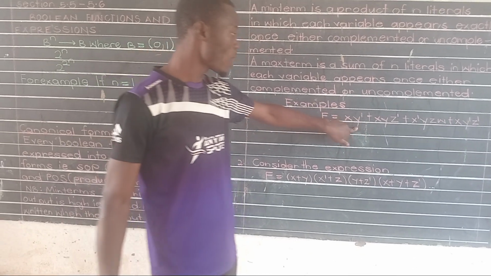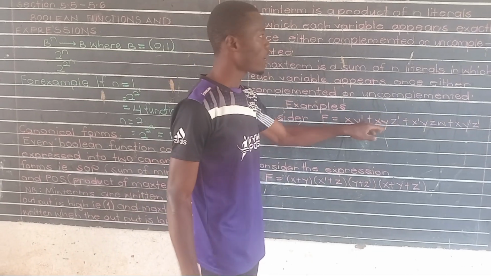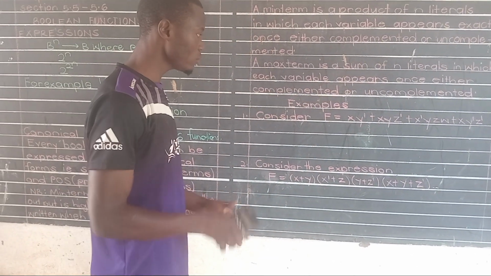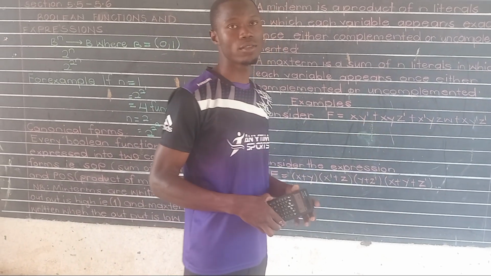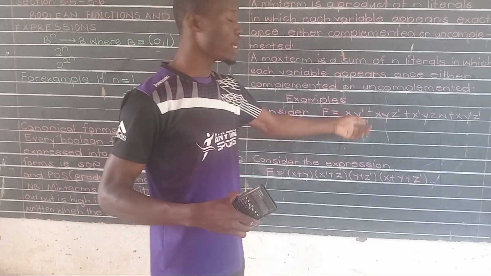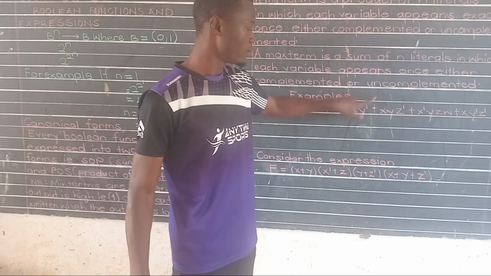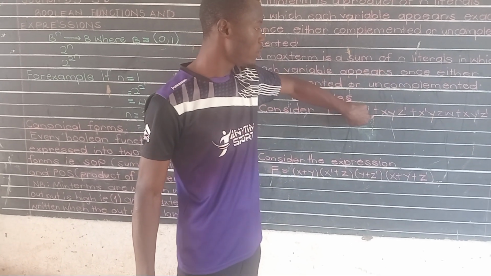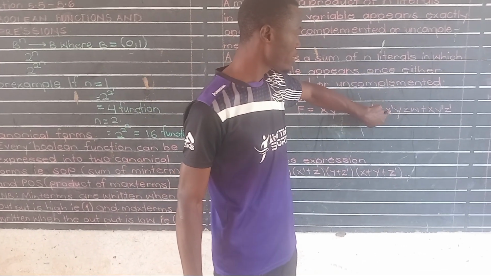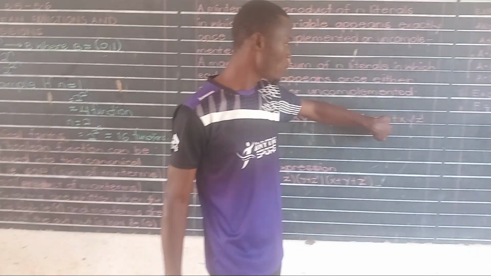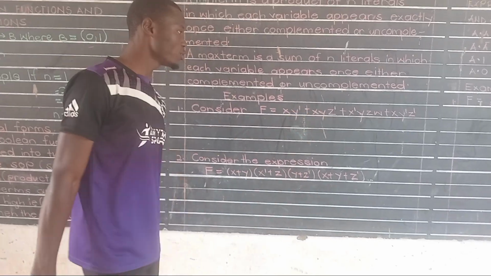So this is xy not. OR, because according to Boolean algebra, we interpret the plus as OR. So this is xy not OR xy not z OR not x y z w OR x not y not z. So this is the function that we have.